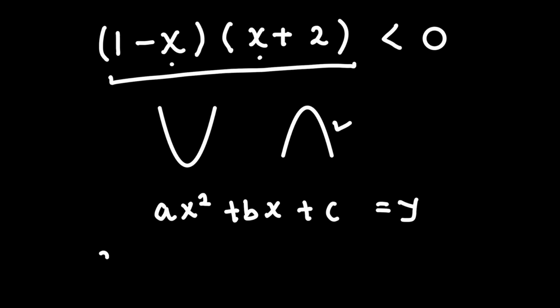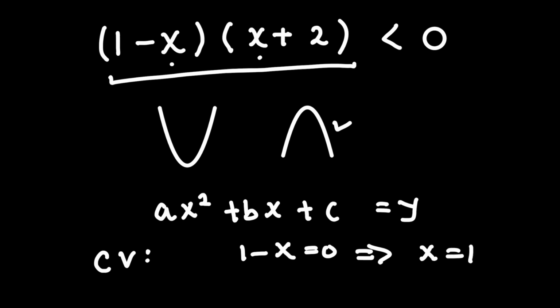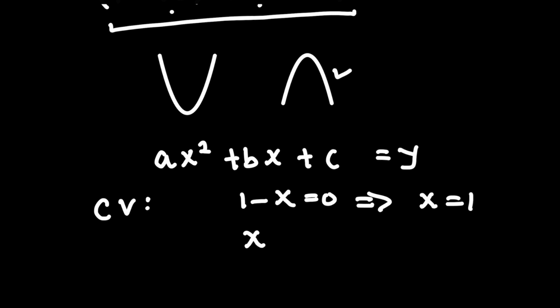So let's find the critical values here. We've got 1 minus x, where x is going to equal 1, and then we've got x plus 2, where x is going to equal minus 2.